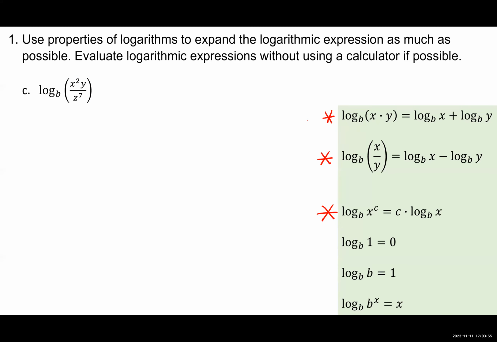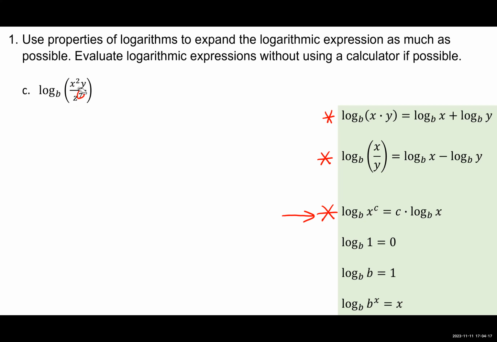Okay, so let's go down the list. First one, multiplication. Multiplication only applies to these 2. It doesn't apply to the z. That doesn't work. The exponent rule: for the 2, that only applies to the x. The 7 only applies to the z.